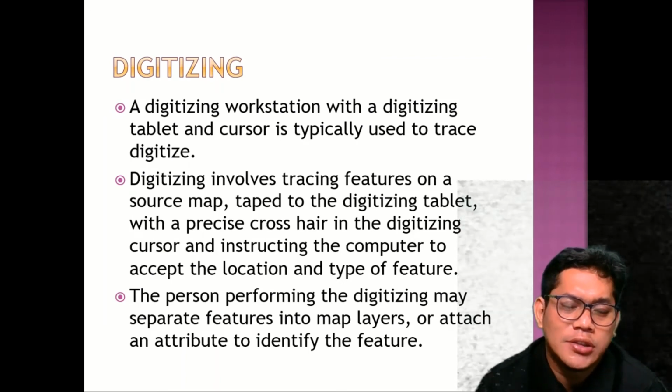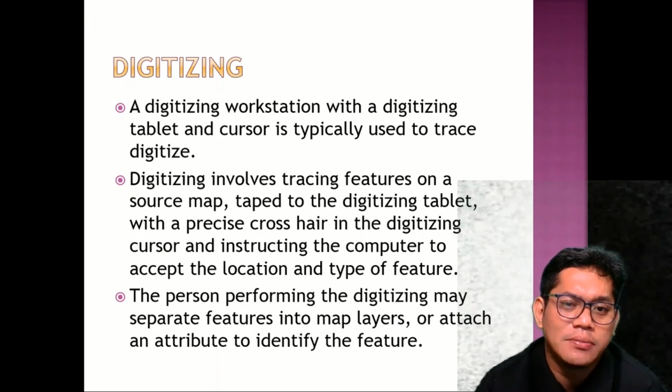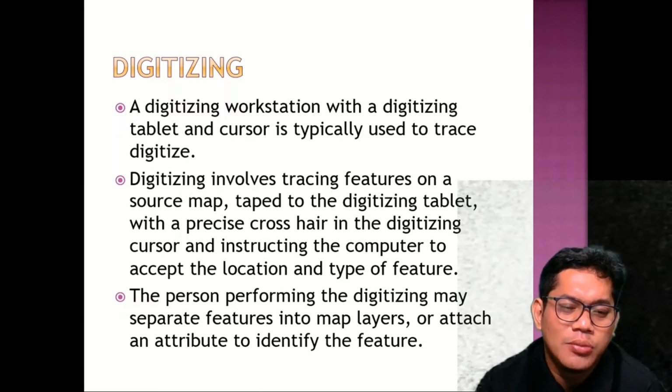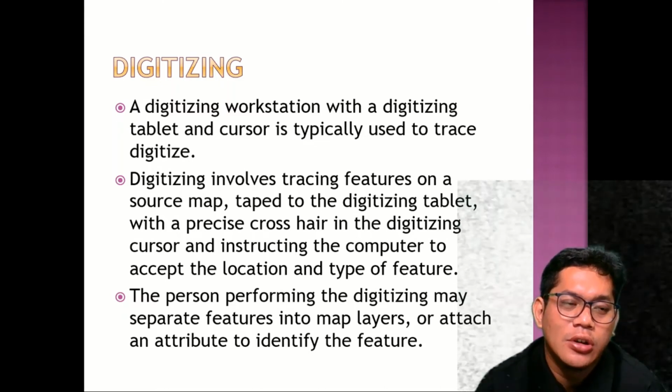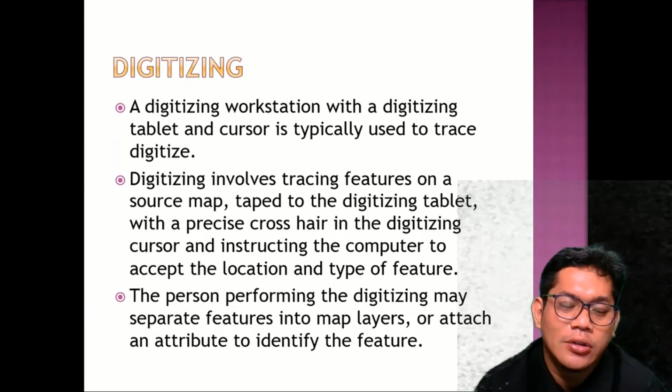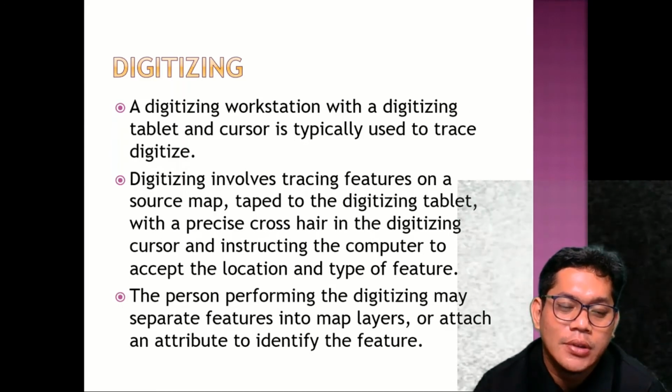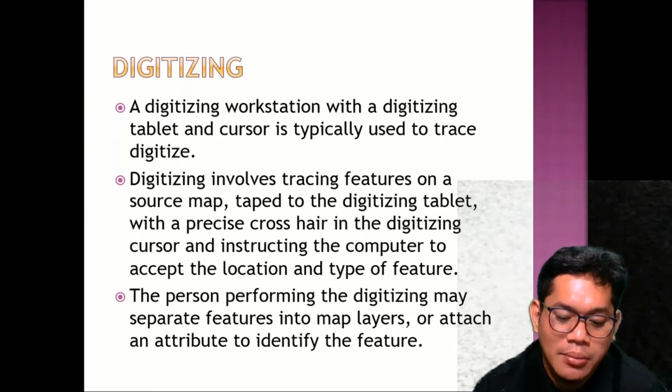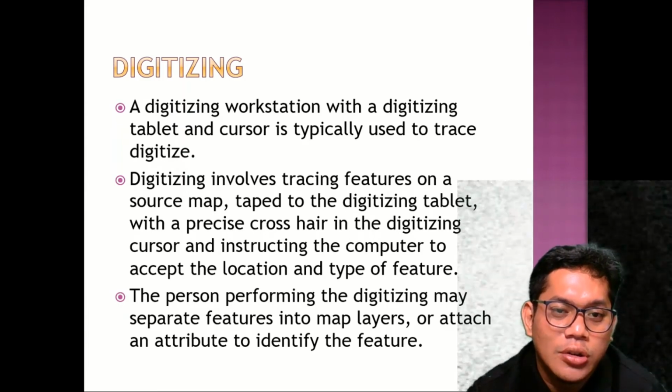And the third one is digitizing, where basically we use a human being, a person, to trace, to scan the map and trace all the shapes of the map and turn them into digital data.